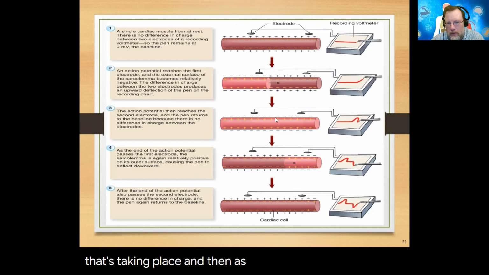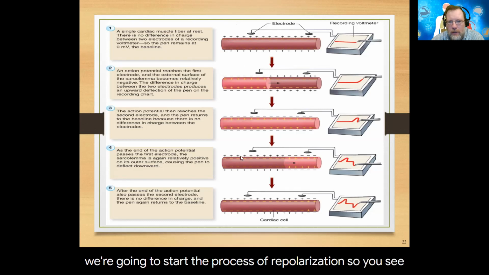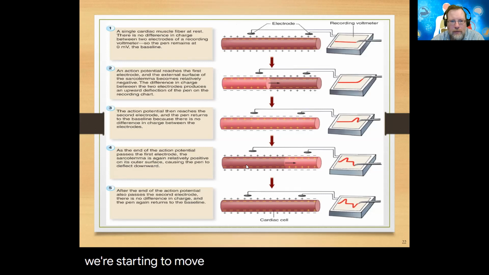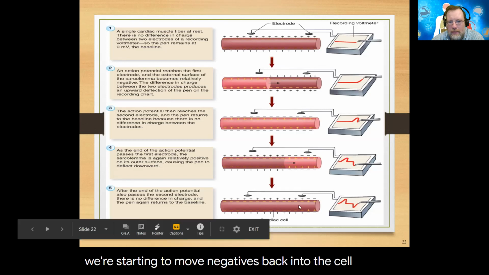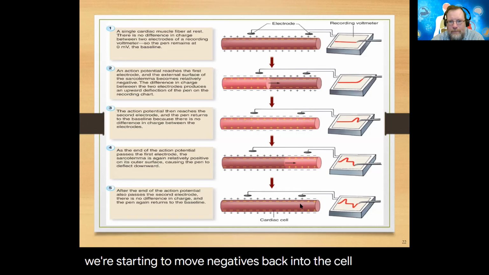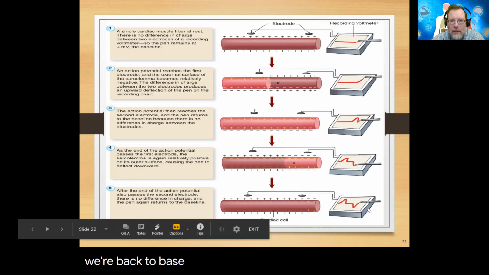And then as we get all the way across, we're going to start the process of repolarization. So you see we're starting to move negatives back into the cell. Okay. And then we're back to baseline.